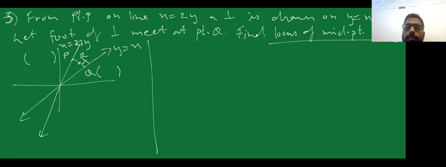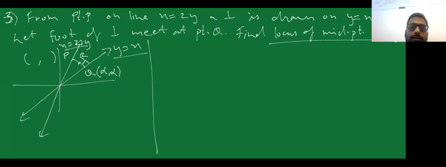How can I get the values of P and Q? The equation is given, y is equal to x. So if I say my x coordinate is alpha, the y coordinate should also be alpha, as y is equal to x, so both will be the same. And in this case, the equation of the line is given as x is equal to 2y.